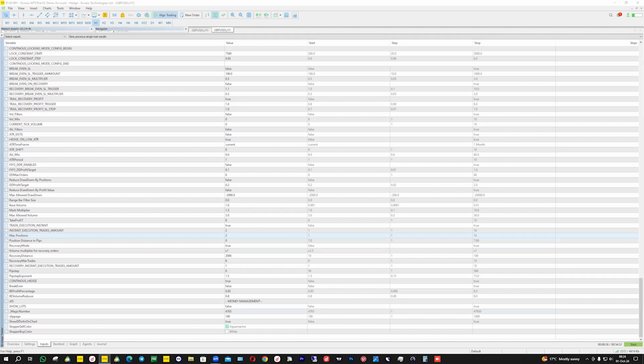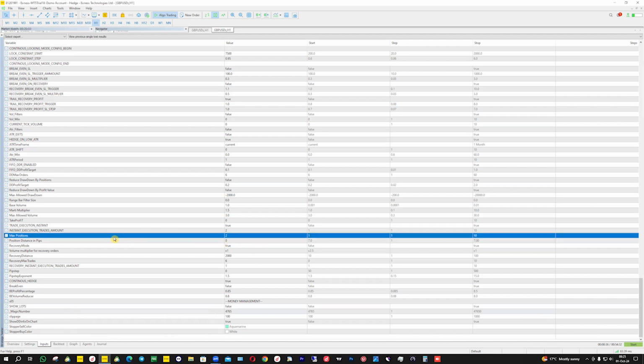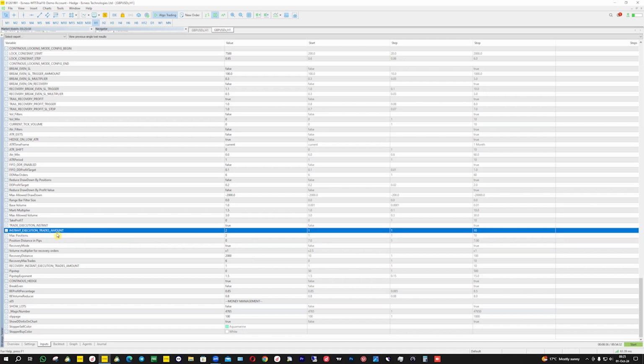But point number one, we are first going to learn how to add these grids, or how to add more positions, or how to set the EA to add more positions. Without wasting your time, let me first start with max positions. What are the max positions? In the first place, we have the instant execution, the trades that you want the EA to take instantly after getting the signal.